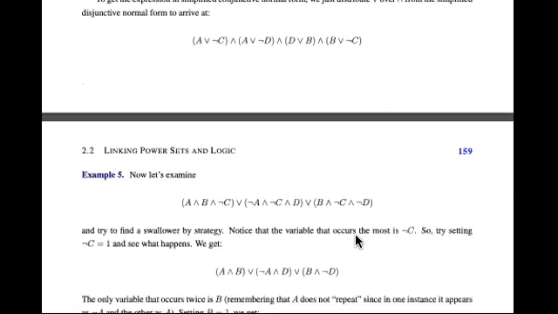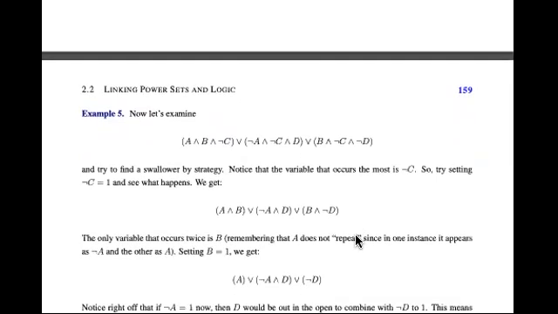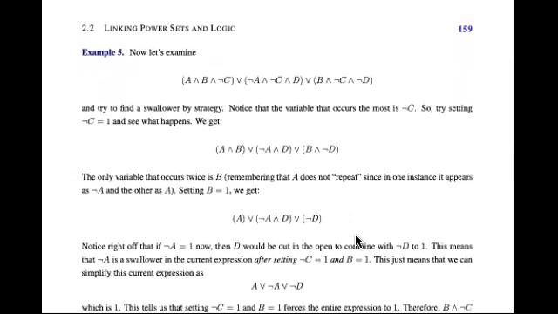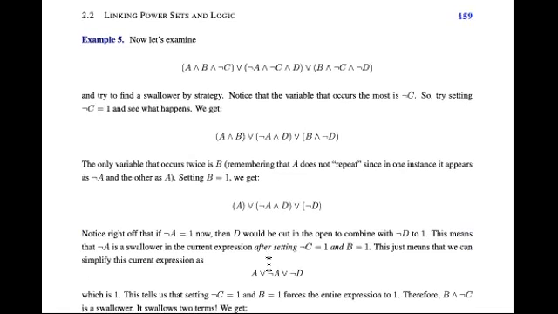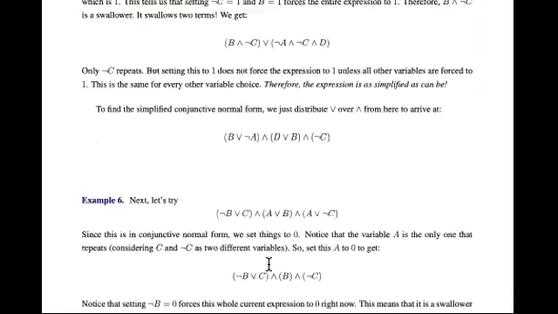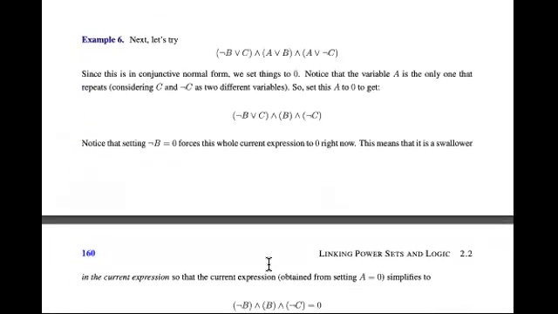I didn't write out the details, but it's the distributive property applied to the disjunctive normal form. Now let's look at this example right here. This is another example that works through a similar idea, and you can read through it and see if it makes sense to you.